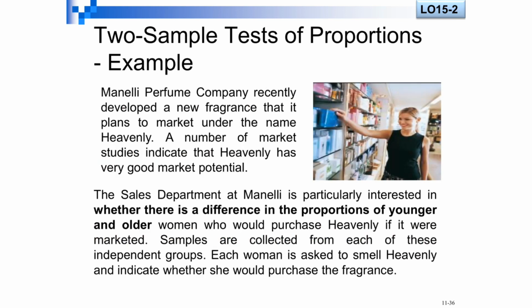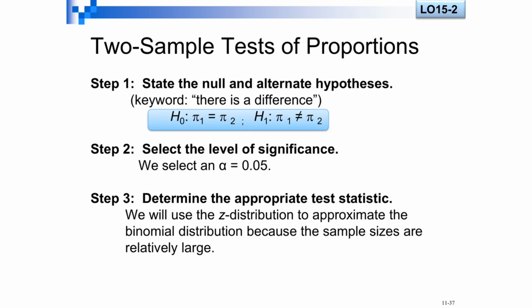And this is another example. There is a perfume company that wants to know, is there any difference between the proportion of younger and older women that prefer to purchase a specific perfume. So they do the survey, and after that they decide based on the result.